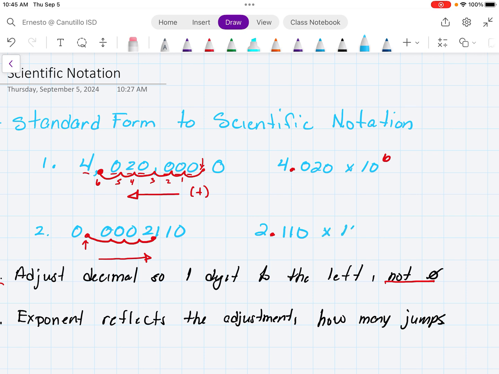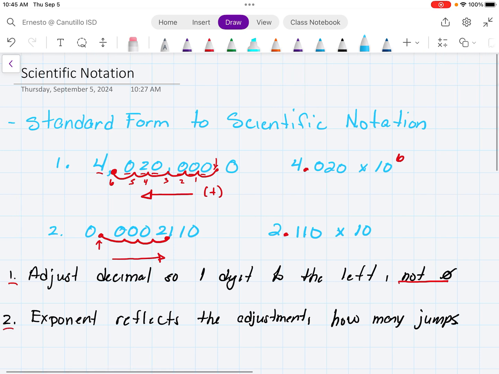Remember, the times 10 is just saying a factor of 10, because every time you move the decimal, you're changing it by a factor of 10. I moved it how many times? 1, 2, 3, 4. I had to jump it 4 times to get into that position. And since I'm moving to the right, that is going to reflect as a negative exponent. So this is my number in scientific notation.